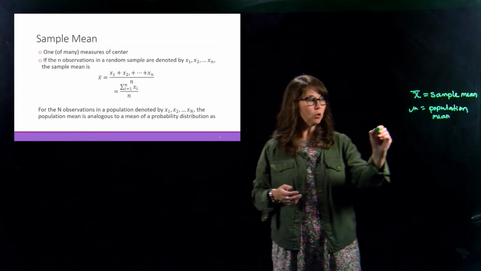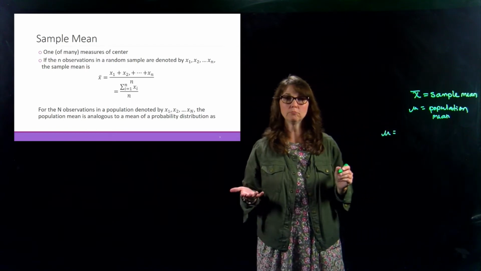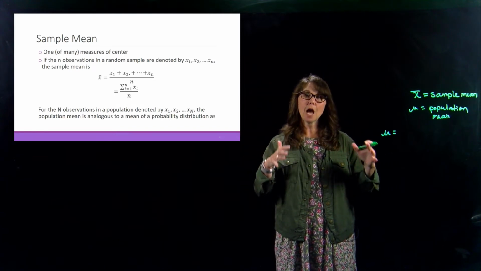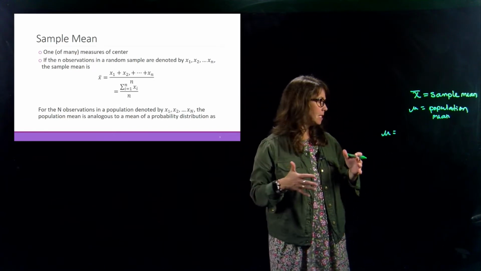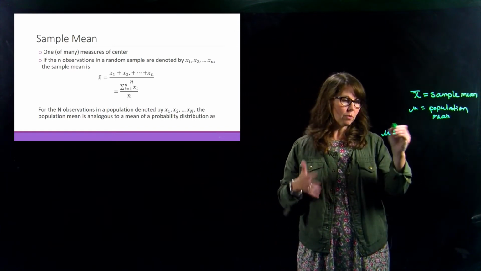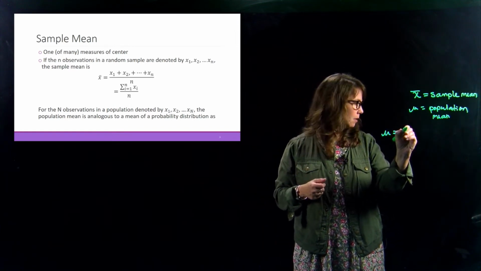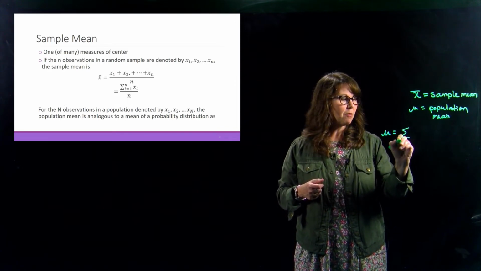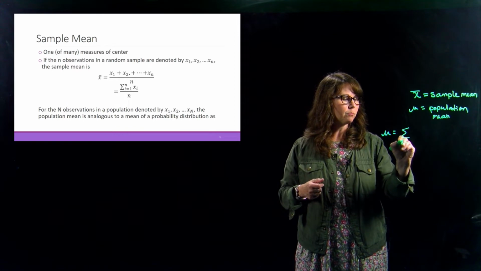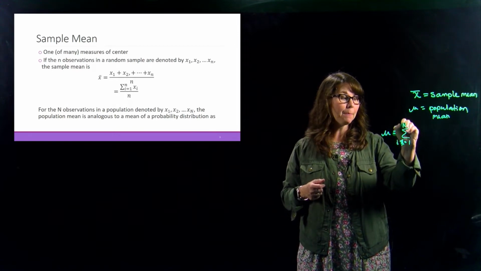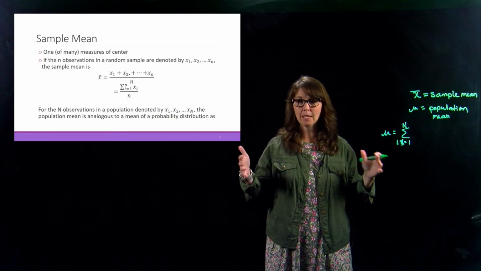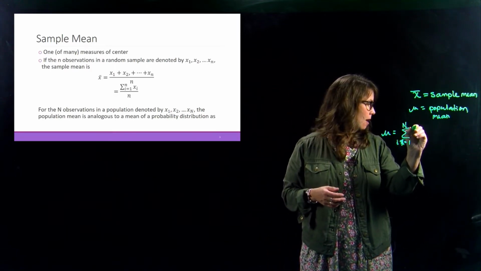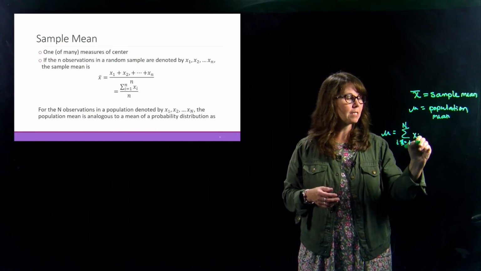And so mu is going to be summarized in the same way if we're looking at not weighting it with respect to some probabilistic distribution, but if we want to look at it and first talk about that way of looking at a mean, if we're looking at the sum from i equals 1 to capital N, because capital N will signify the number of items in our population, then we have the sum of all of our x sub i's.